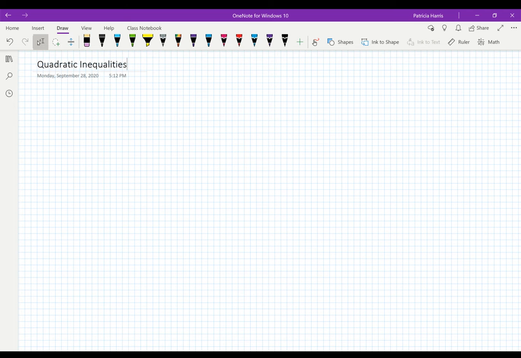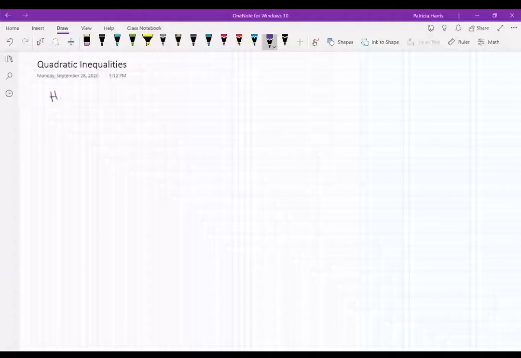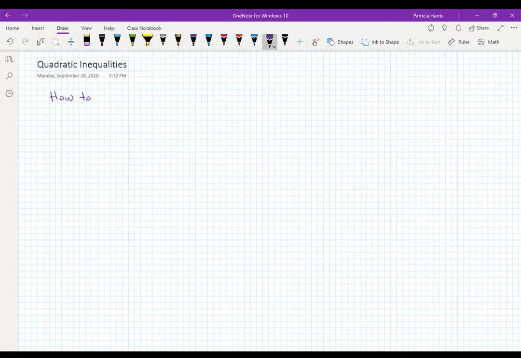Hey guys, today we're going to cover quadratic inequalities. So we hopefully all remember how to solve a quadratic equation. We have a couple different methods. We can factor.